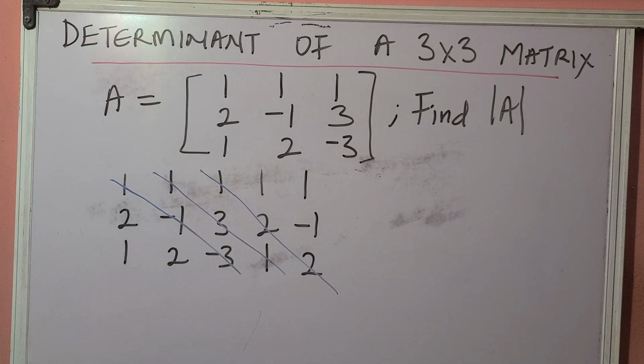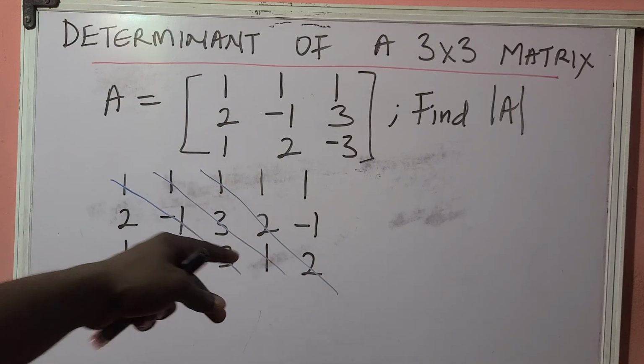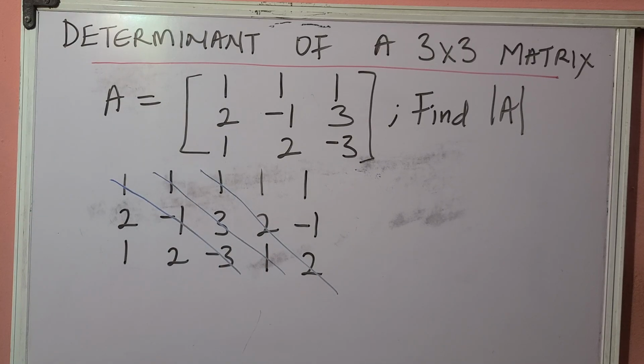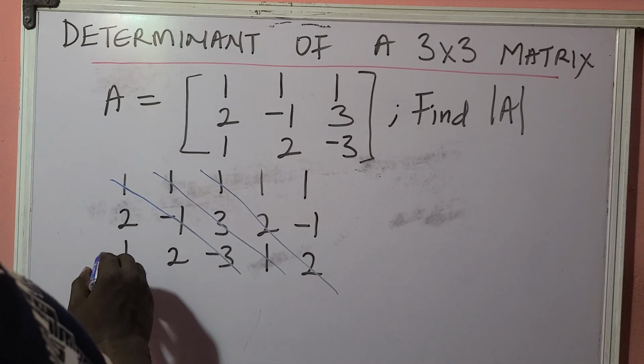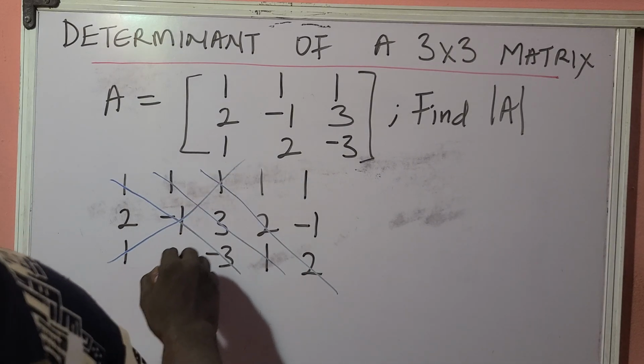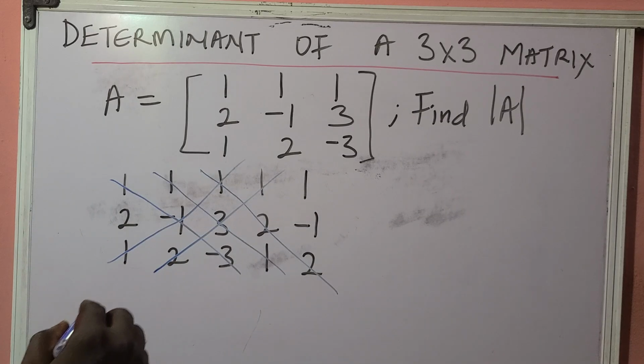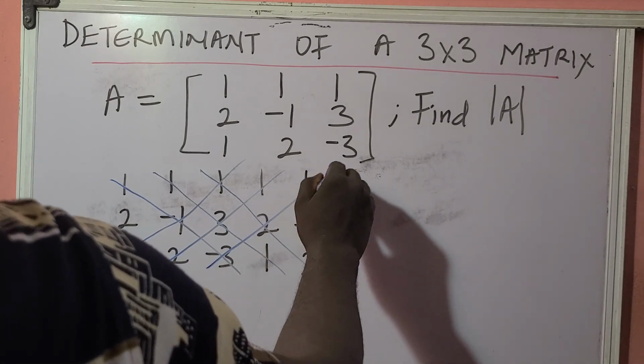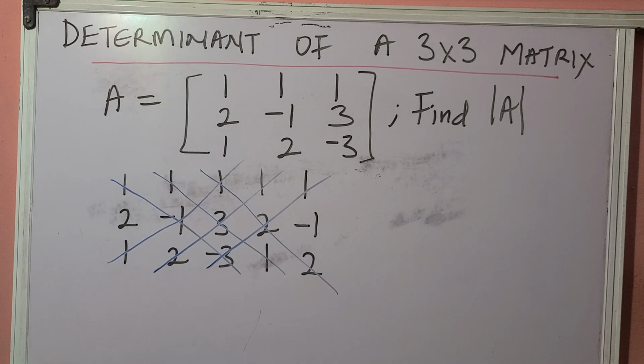You can see the 3 leading diagonals right there. Then you do the same for the other diagonals, which are not leading diagonals. So look at how I'm going to do that. This is a diagonal. This is another diagonal. And this is the last diagonal.